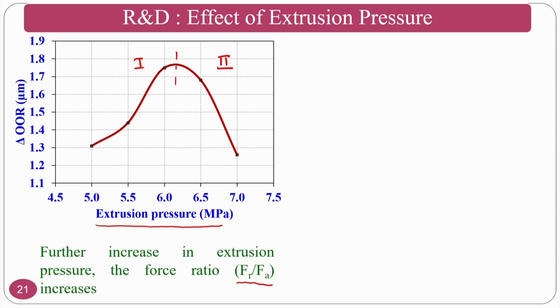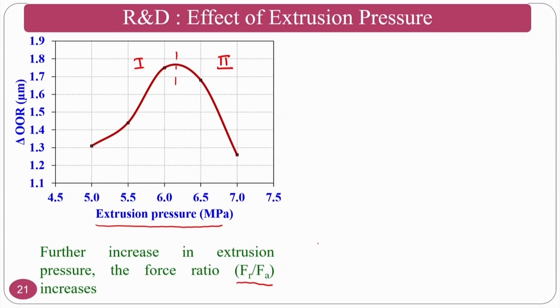Okay. So, they used a ring type dynamometer for the workpiece and applied the extrusion pressure. If the extrusion pressure is increasing, the force ratio is increasing. If the force ratio is increasing, what is happening here? Fr is increasing. That means your indentation force is increasing. If your indentation force is increasing, then it can create a lot of indentations rather than shearing.